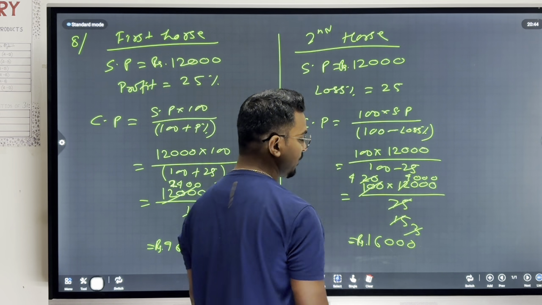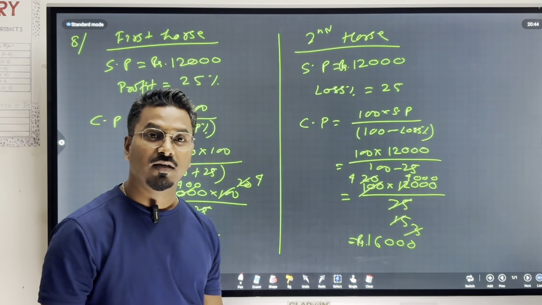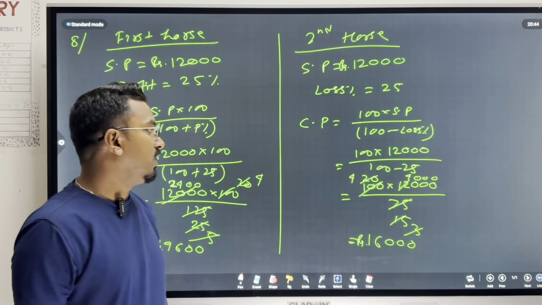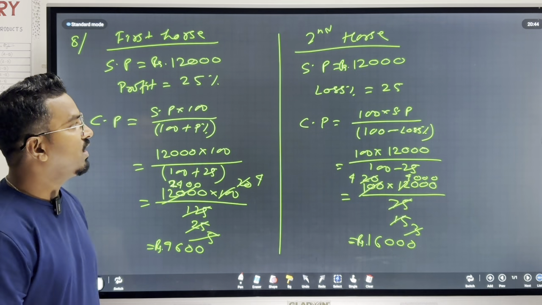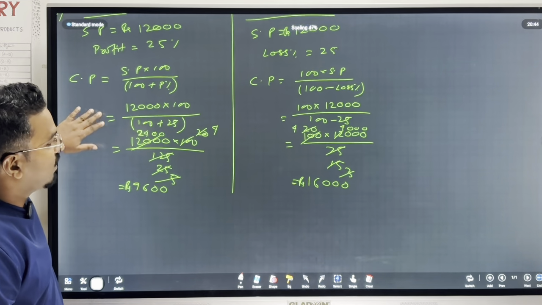So 4 4s are 16,000 rupees. He bought it for 16,000 rupees, and he sold it for rupees 12,000. So there is a loss of how much percent? 25%. Now we'll see the total selling price and the total cost price. After that we can decide.